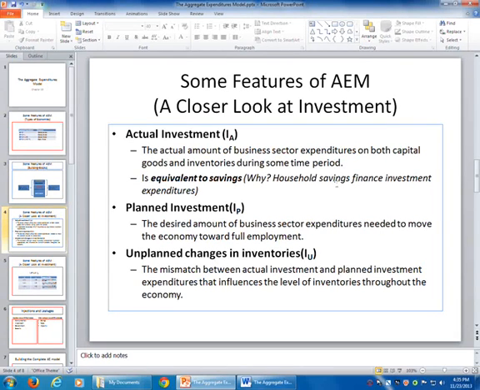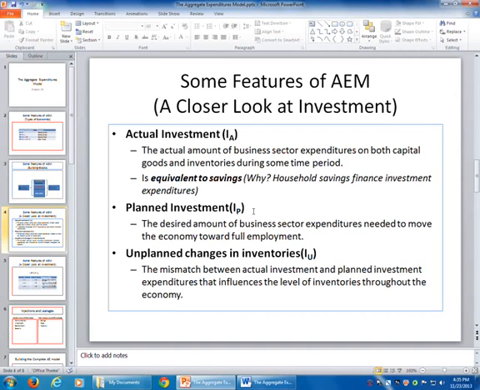So as the household savings pool builds up, that represents a nice funding source for business expenditures. So in the model, by saying actual investment equals savings, we're really saying that household savings serves as the funding source when businesses buy capital goods and inventories.